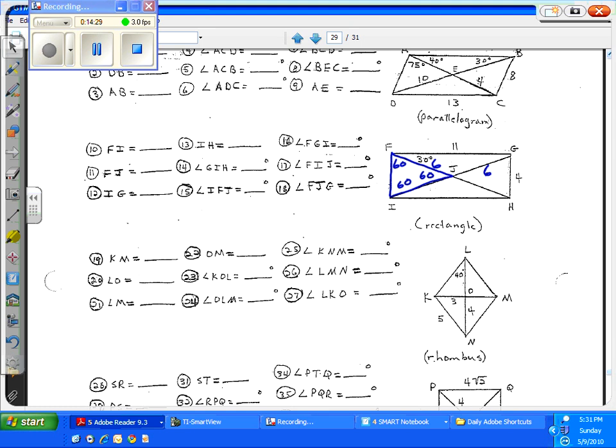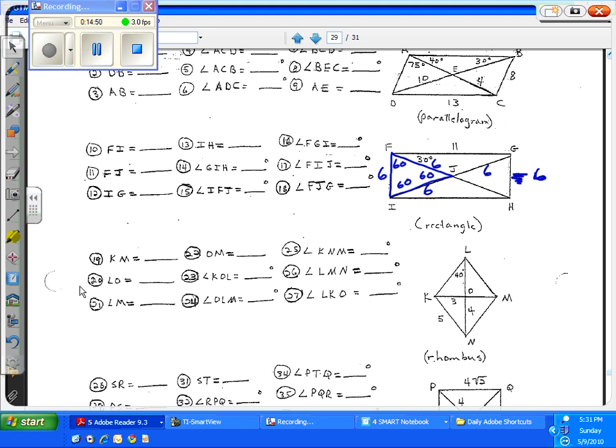If this is 6 and this is 6 and this is 6, this would have had to have been 6, and I had a 4 there. And so we really needed that to be a 6 so that we actually have an equilateral triangle, even though that doesn't appear to be equilateral.